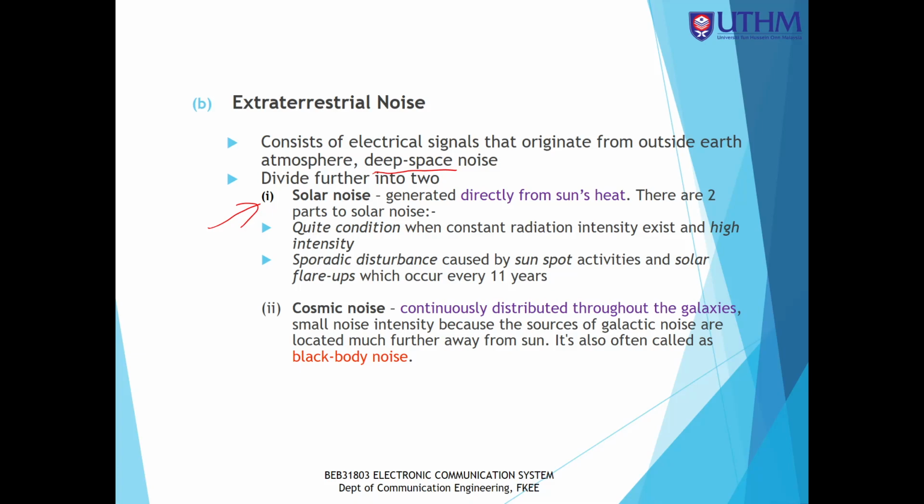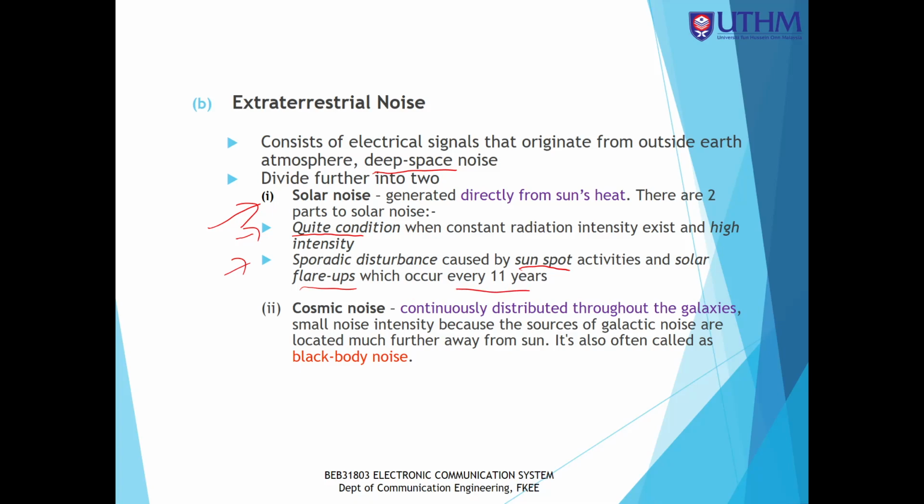Okay, solar noise can be divided into quiet conditions and also sporadic disturbance. Quiet conditions are when constant radiation intensity exists and high intensity. Sporadic disturbance is caused by the sunspot activities and solar flare-ups, which occur every 11 years.